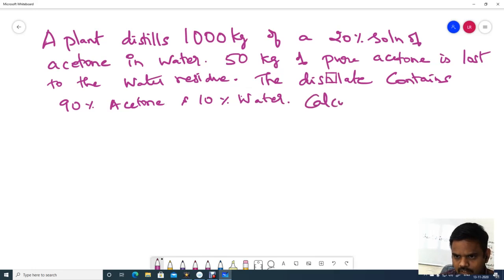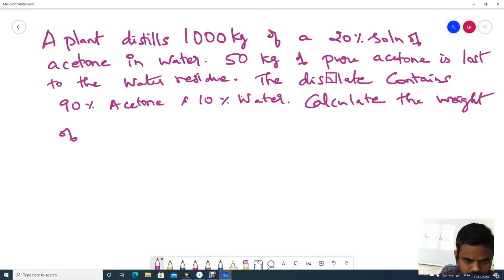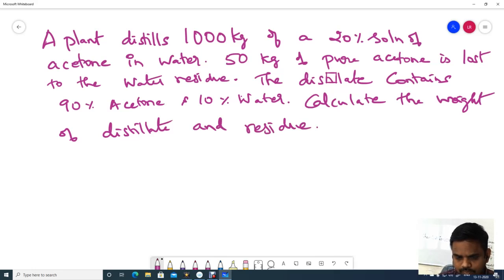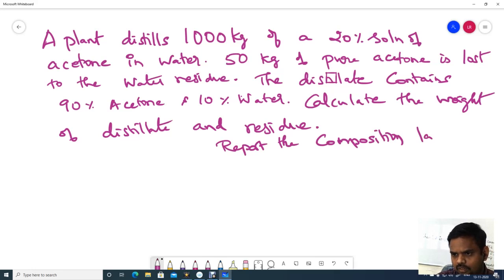Calculate the weight of distillate and residue. Report the composition table of F, D and R. Okay, so composition is what is mass percentage A and B.